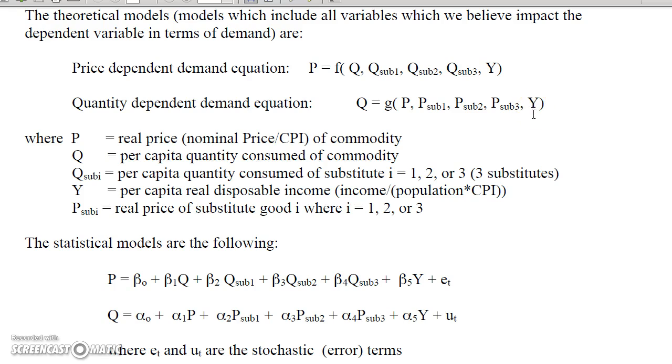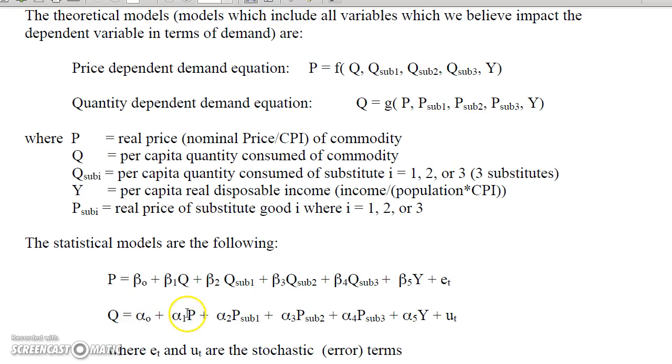So that's the equation. If you look at the statistical model, it should look like this. On the left-hand side, I have my per capita consumption of the major commodity. I have an intercept, which is called alpha 0.